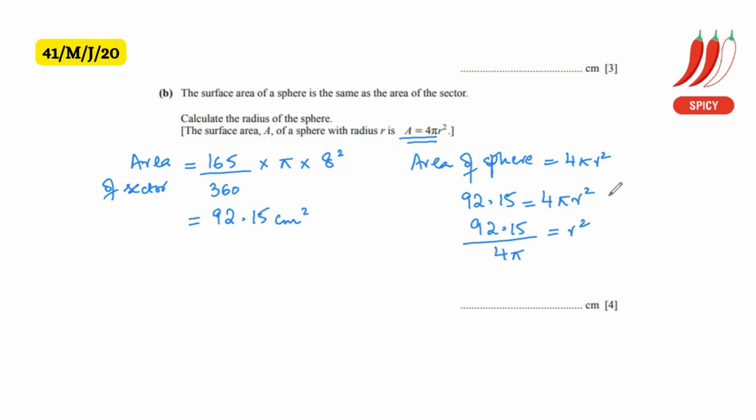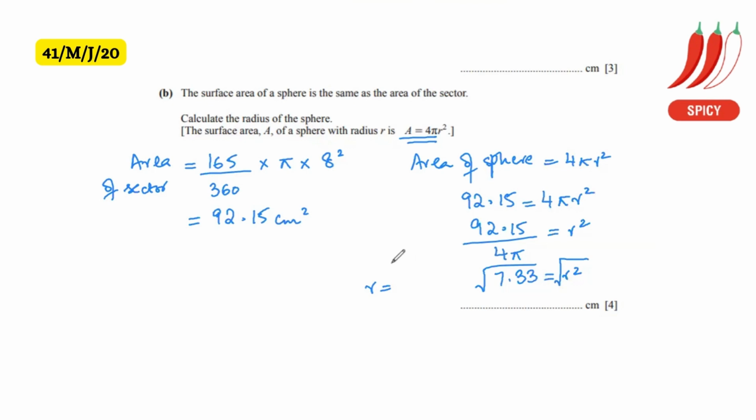And that is going to be 7.33 equals r square. Square root both sides to find the value of r. That is 2.71 centimeters. That's your answer.